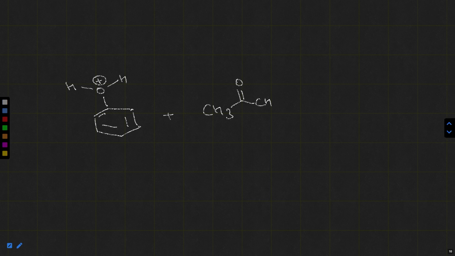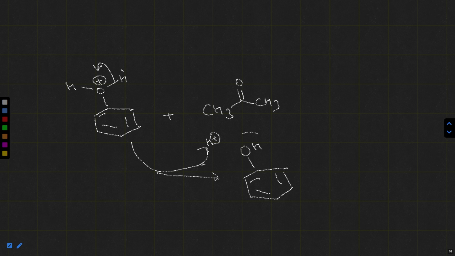Now again this proton will be abstracted. Since it is an acid catalyzed reaction, you will get your H back. And finally the phenol will be formed as the final product. So in this way, it is further hydrolyzed to your phenol.